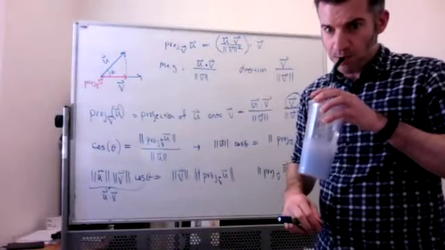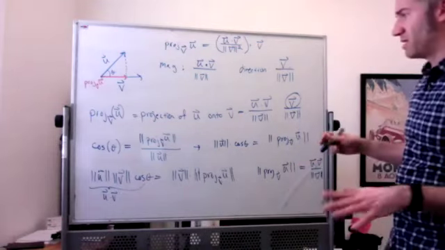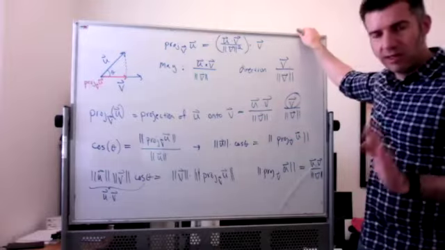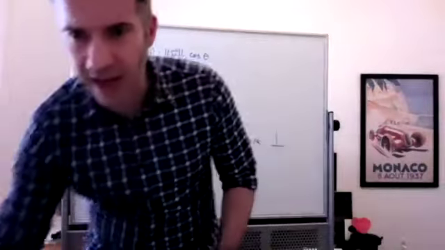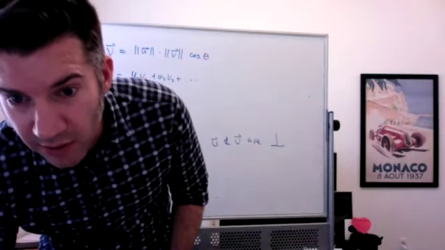Okay, so let's actually calculate some things because I feel like there's a lot going on here. But let's do some easy examples and then maybe some harder examples. I feel like I had some examples ready to go, but maybe I hid them from myself. You know how I like to do that.